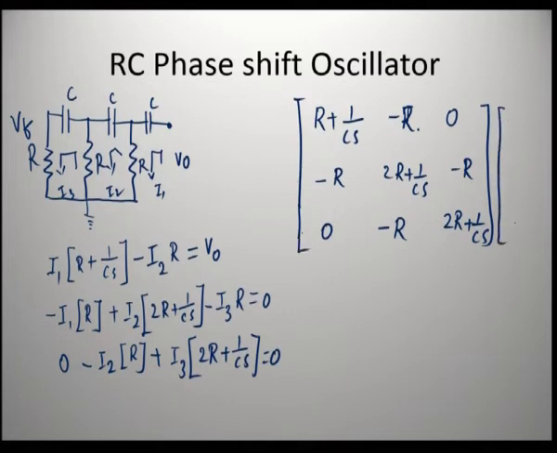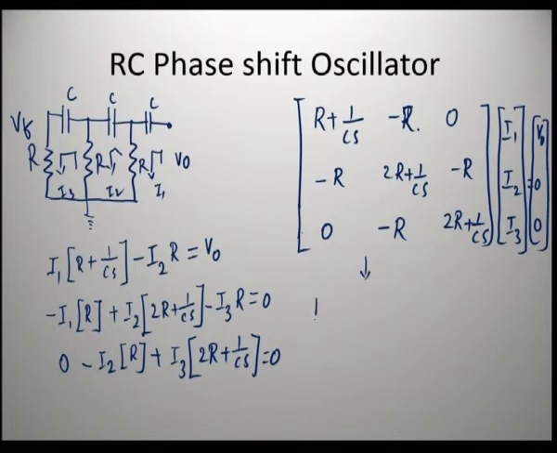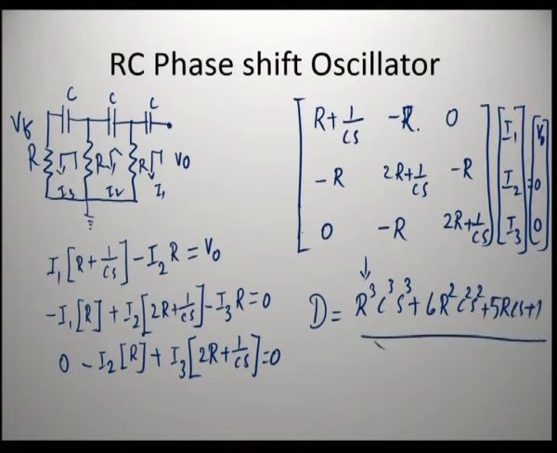By the matrix you can calculate the feedback factor, that is beta. From this, the determinant value of this particular matrix is derived as R cube C cube S cube plus 6 R square C square S square plus 5 RCS plus 1, divided by C cube S cube.